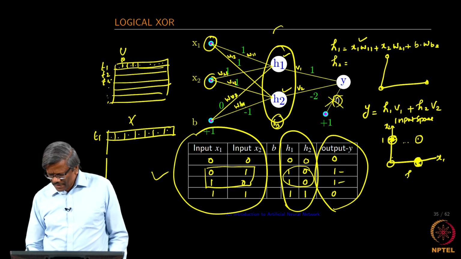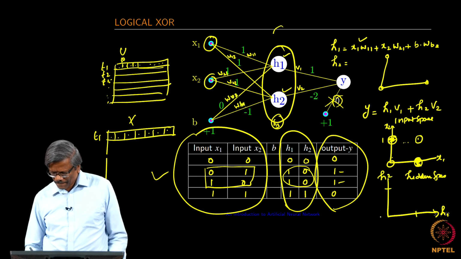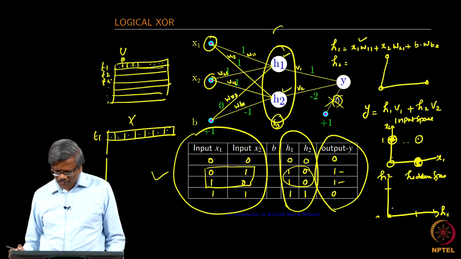So, in hidden space, we have H1, H2, so what happened here?